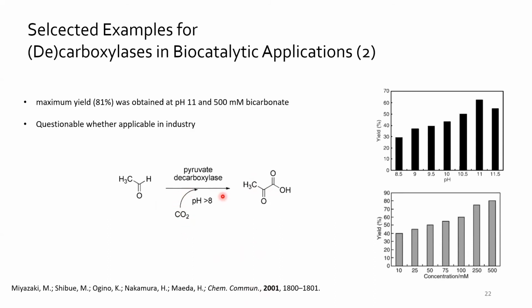What they did was to engineer the conditions of the reaction, and they used different pHs and different concentrations of bicarbonate as the CO2 source, and they received a maximum yield of 81% at pH 11 and 500 millimolar bicarbonate. However, at that point, it was rather questionable if this procedure is applicable in industry, since pH 11 is already a harsh condition, and also high salt concentrations are not the best for industry.